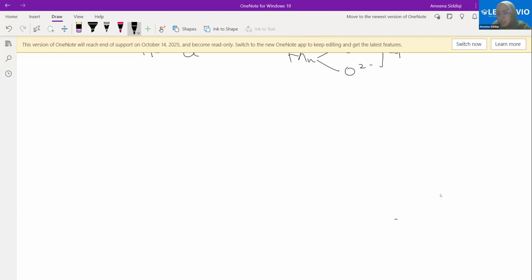This is not a proper definition. This is just to explain it so that you are able to understand it. And that charge is called the oxidation number of that element in that compound.